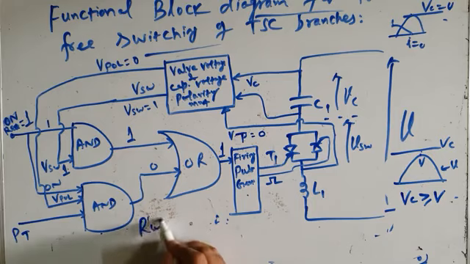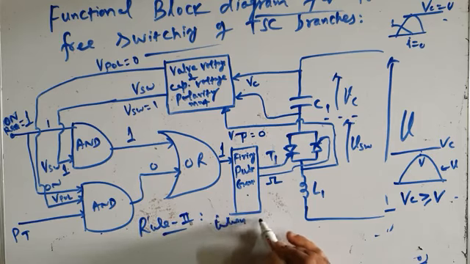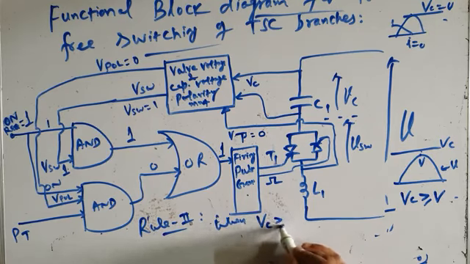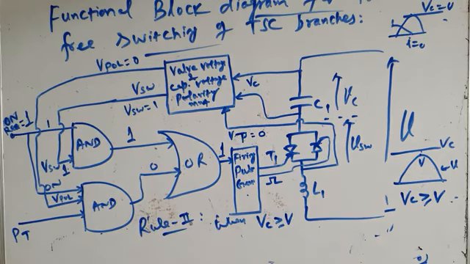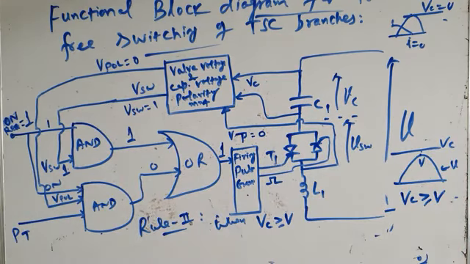At that time, rule 2 has to be followed by this functional block diagram. Rule 2 says that when VC is greater than or equal to V, then the device should be fired, the TSC branch should be turned on at the peak of the voltage.